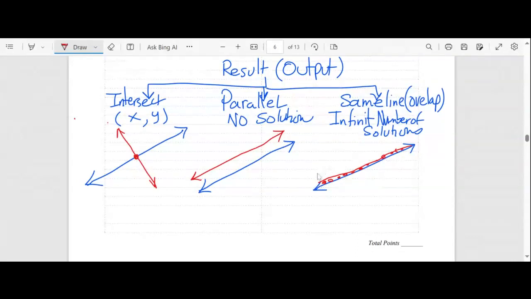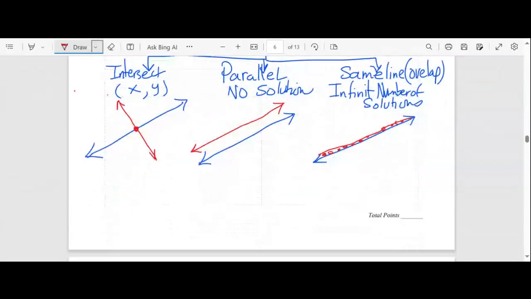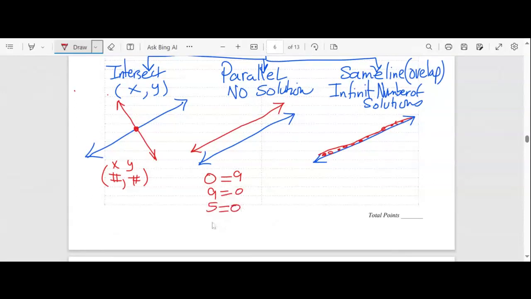Any questions? Okay, I didn't finish yet. So this one, you're going to get a value and a value, right? Yes, x and y. But here you're going to get something like 0 equals 9, or 9 equals 0, or 5 equals 0, or 0 equals 6.